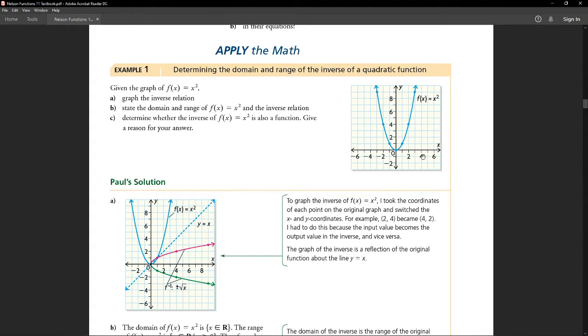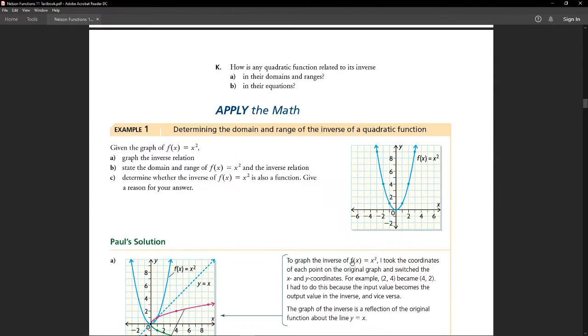So again, we can probably just rotate that 90 degrees. See the answer right there, but whatever. State the domain and range of f of x equals x squared, and the inverse relation. So same as the previous one.